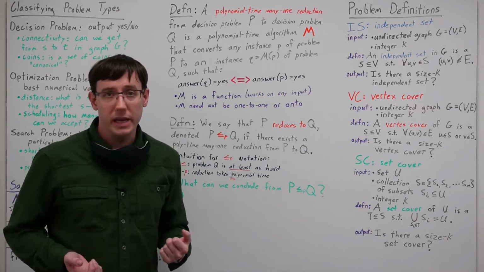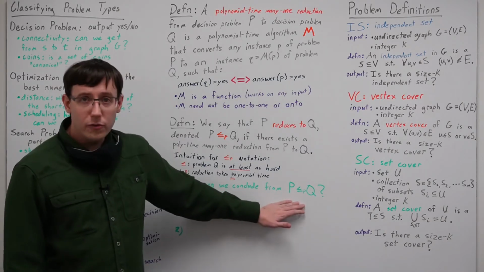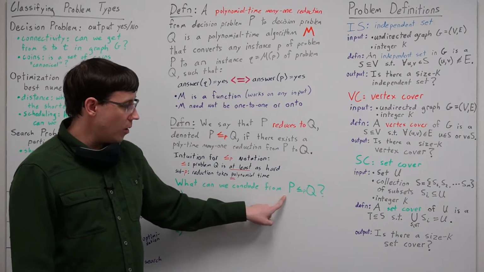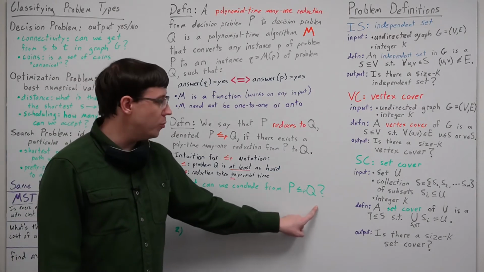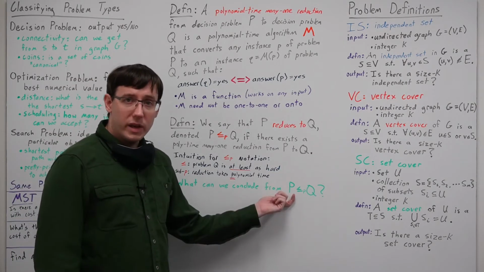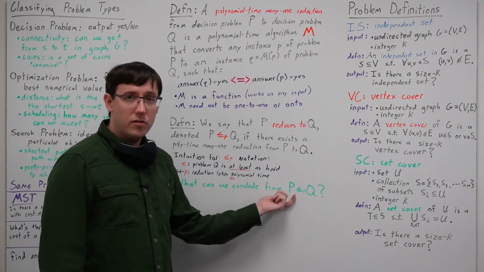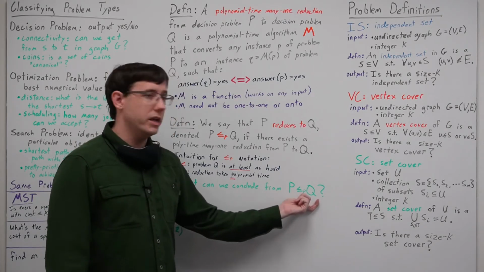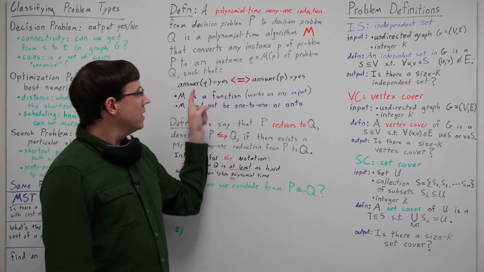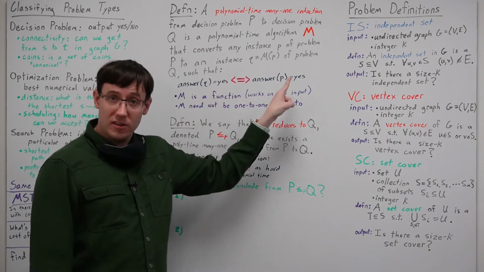Specifically, if we have a reduction from problem P to problem Q, that means we can translate any instance of problem P into an instance of problem Q such that the answer is the same.